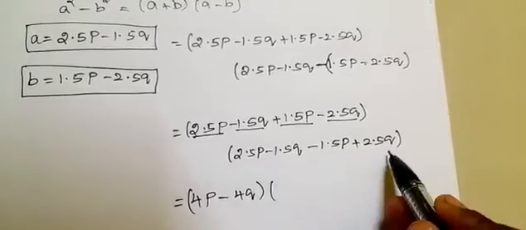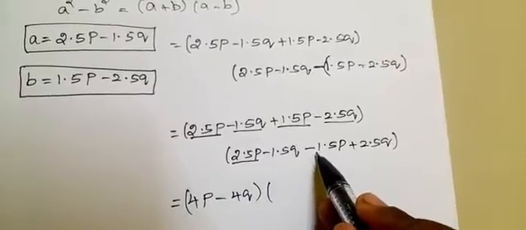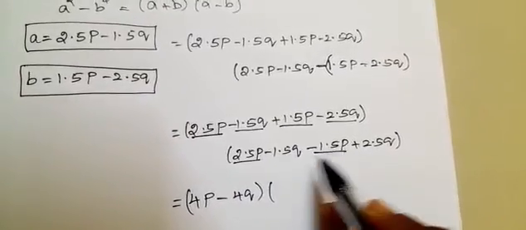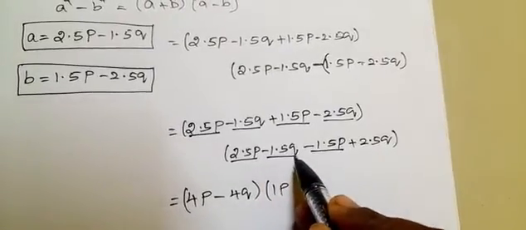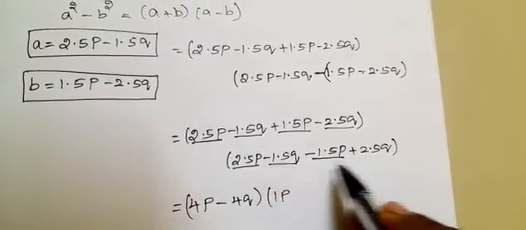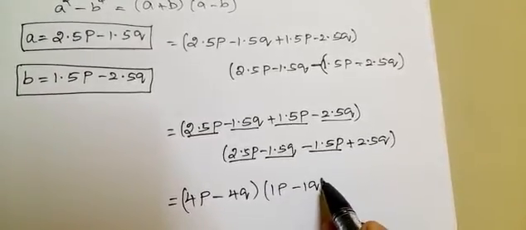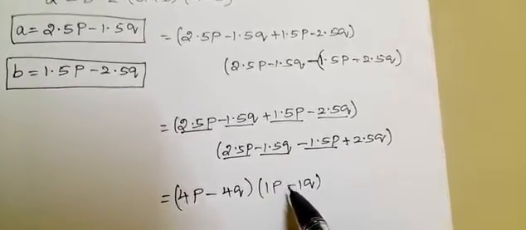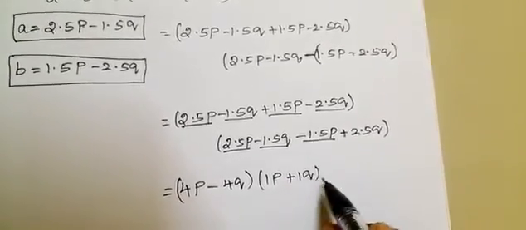Okay, let's move to the second bracket. 2.5p minus 1.5p, so the answer will be 1p. Then minus 1.5q plus 2.5q. Here the greater number is 2.5, so plus 1q.